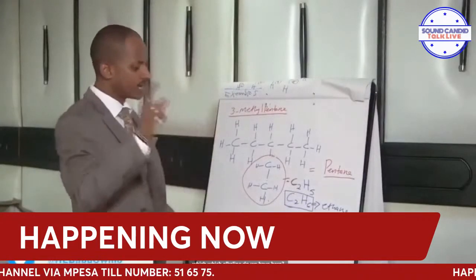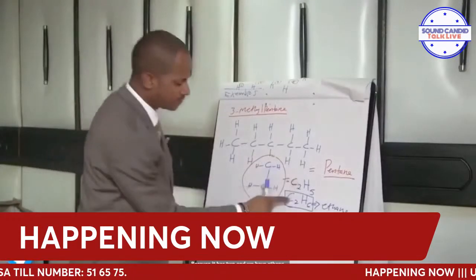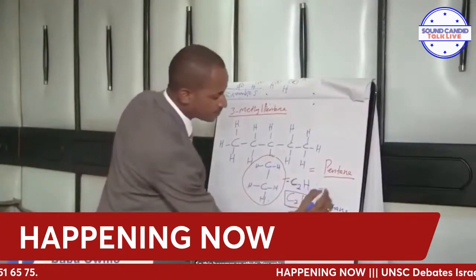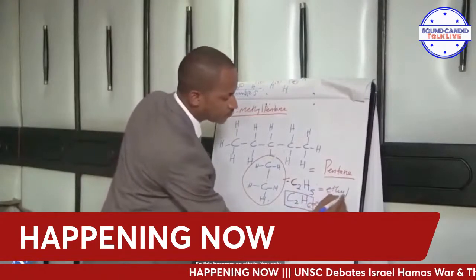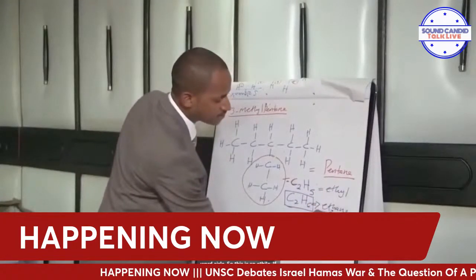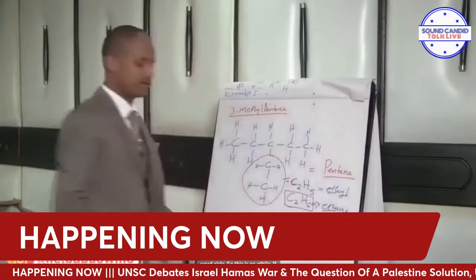But which alkyl do we have here? Because it has 2 and we have ethane, so this becomes an ethyl. You only take the word eth, then you add the word "-yl". So this is an ethyl.